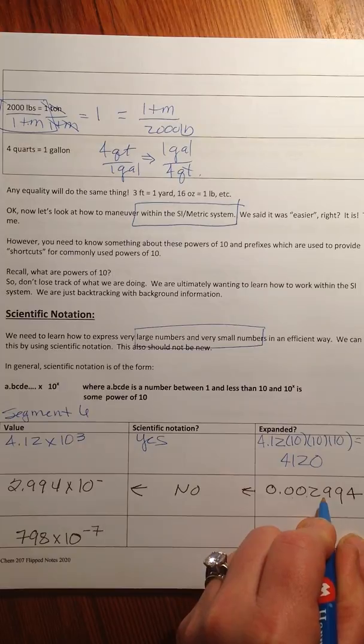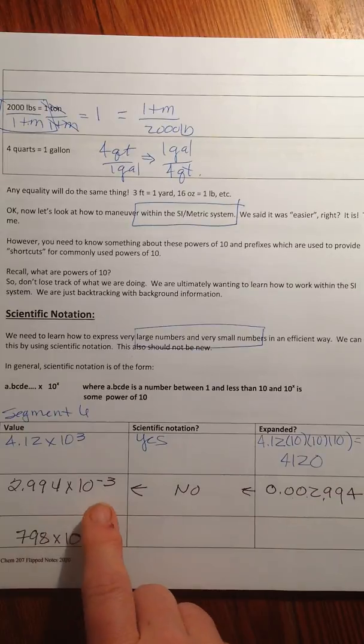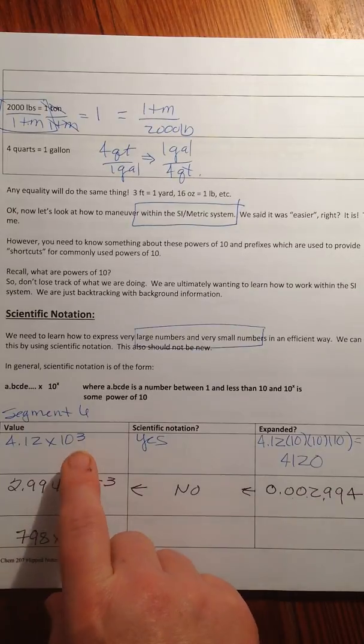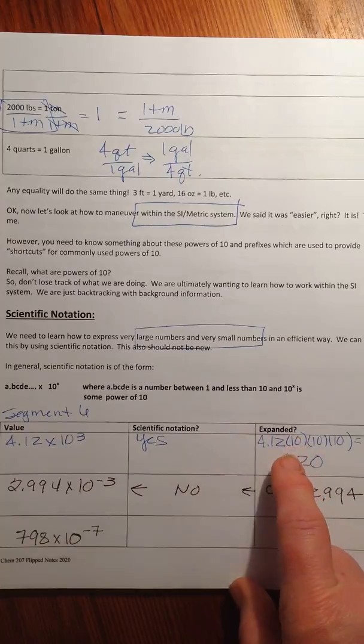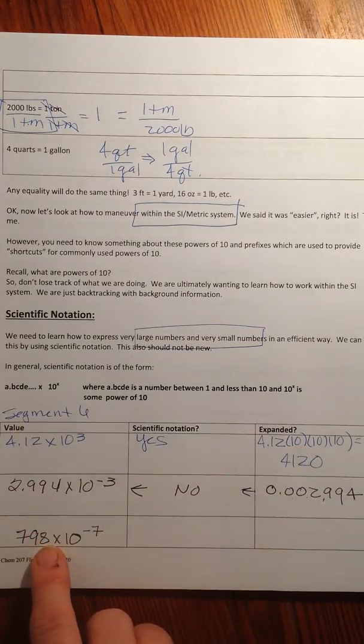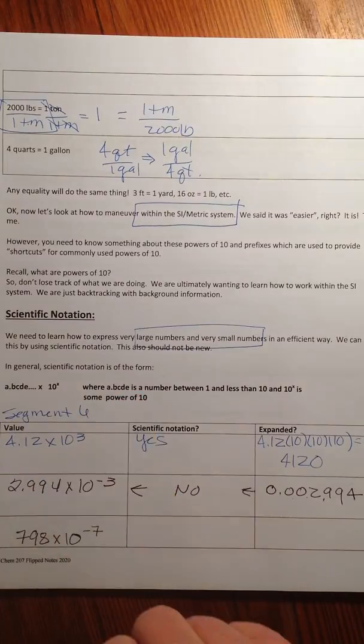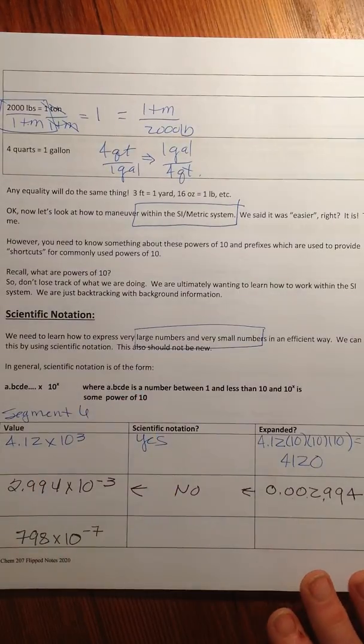I basically move the decimal 3 places to get the 2.994. Remember, negative powers of 10 are small numbers, positive powers of 10 are big numbers if it's confusing. Sometimes you get a number like this that looks like it's in scientific notation, but it's not because the 7 is in the hundreds place, which means there's 2 more powers of 10 we can factor out of there.